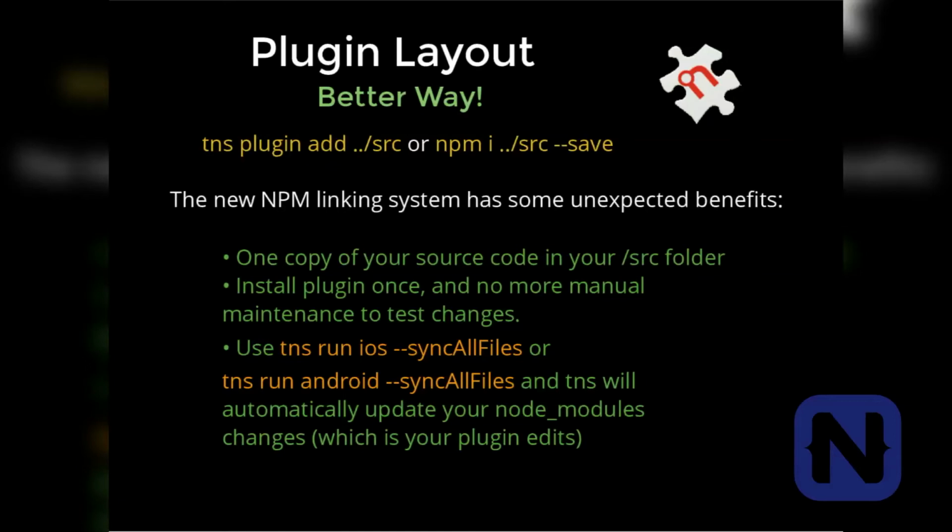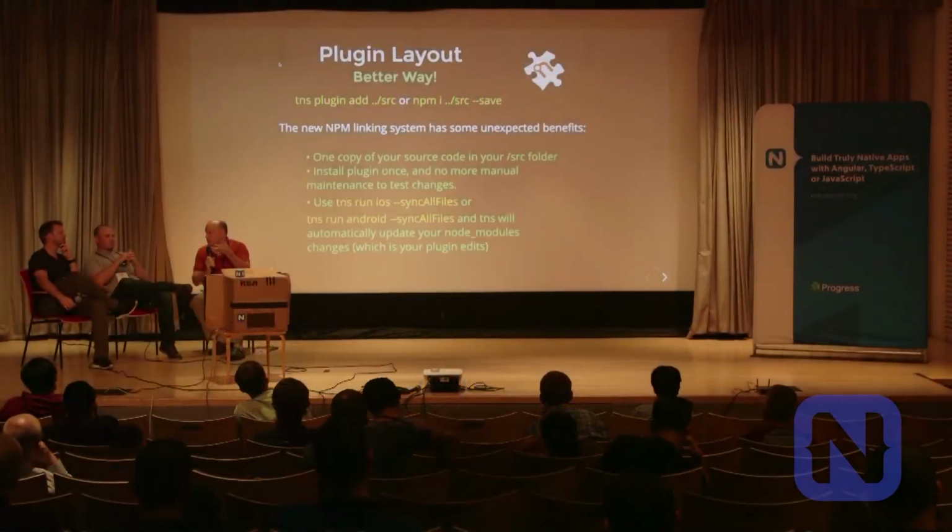And what that does is, when it's doing its normal watching of the normal directory, it actually watches your node modules directory. And because your node modules is linked back to your source folder, it's now watching your source folder. So when you make changes in your source folder, TNS picks it up and automatically pushes it to your app, just like if it was just inside your normal thing.